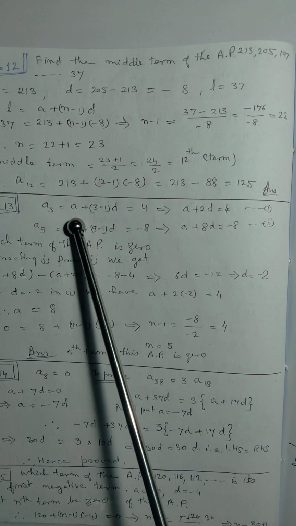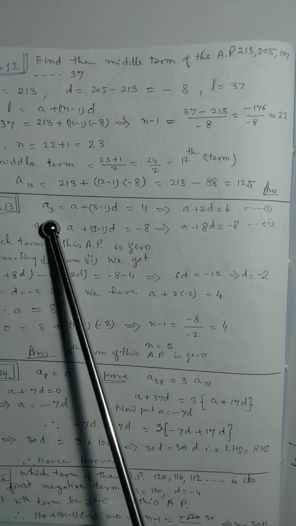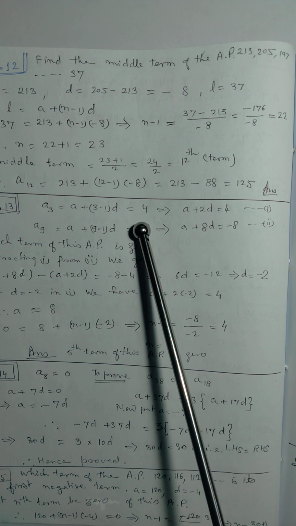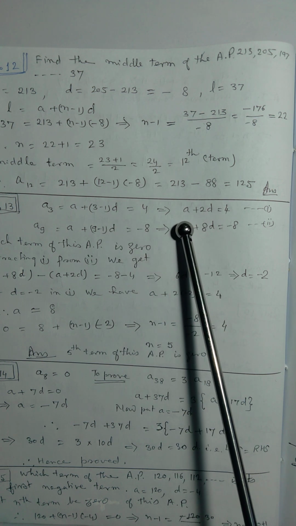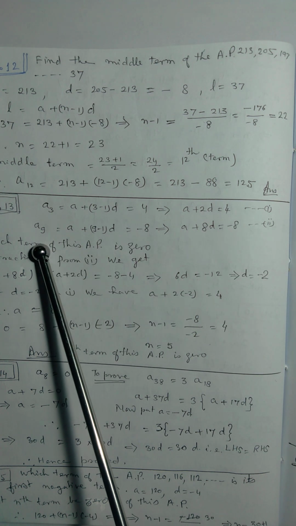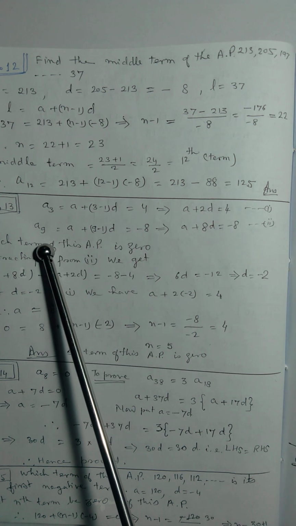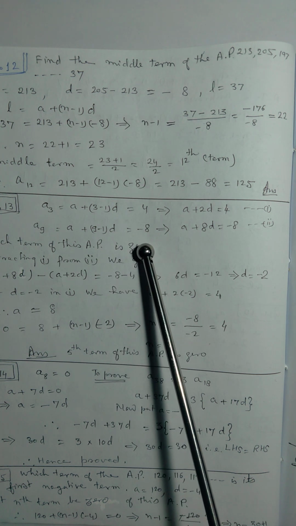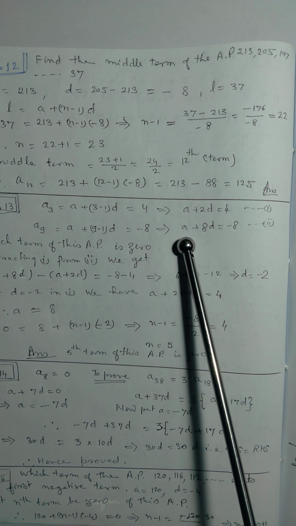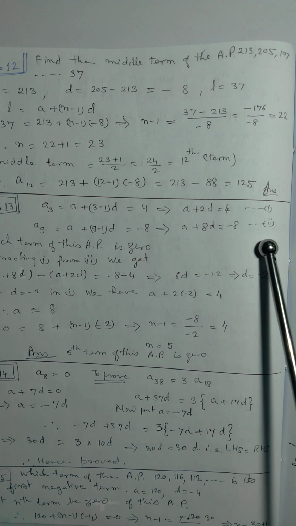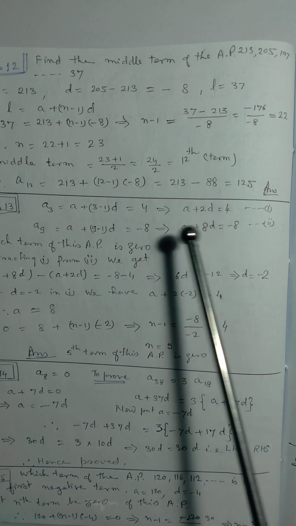The third term is a plus 3 minus 1 into d, equal to 4. Solving it, you get a plus 2d equal to 4. The ninth term is a plus 9 minus 1 into d, given as minus 8. Solve it, you will get a plus 8d equal to minus 8. This will be the second equation.